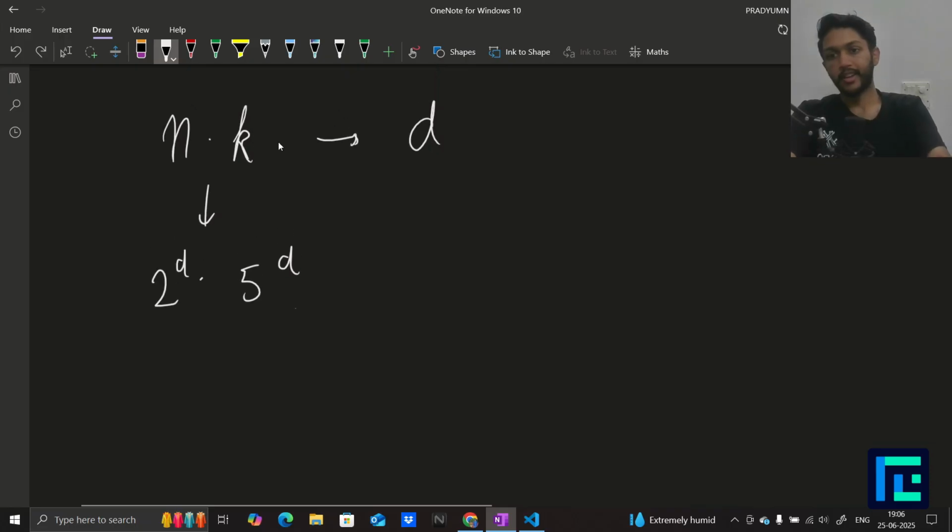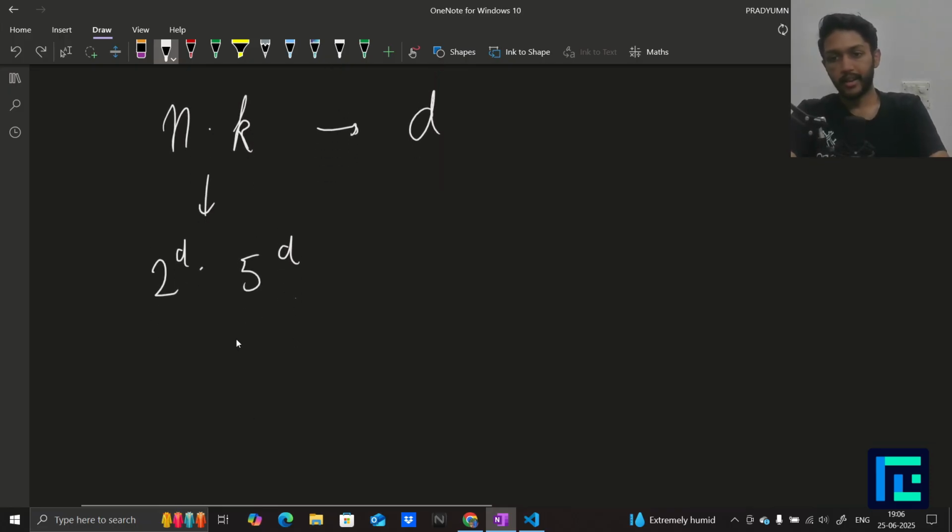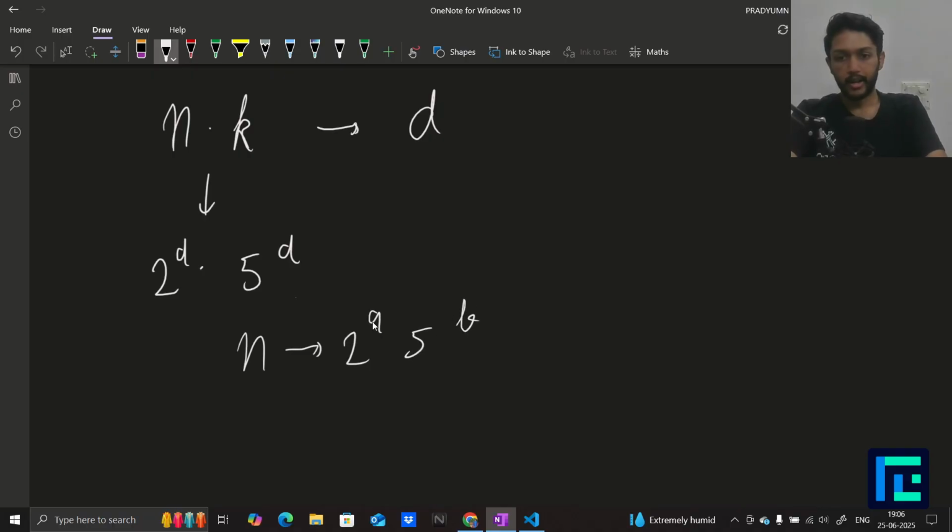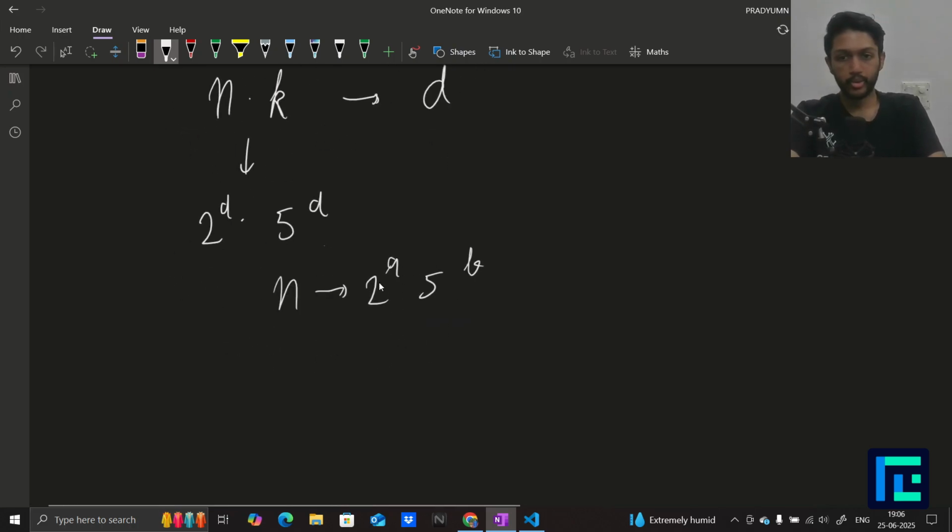So like if n has, let's say, 2 to the power a and 5 to the power b, and let's say they both are less than d, that is the 2's and 5's are not sufficient in n.